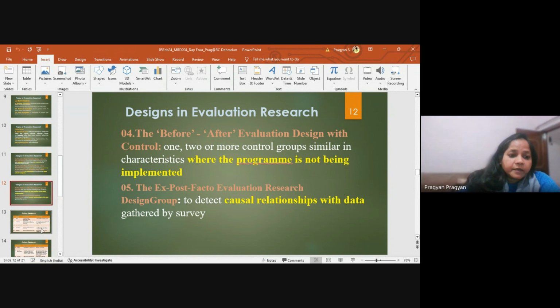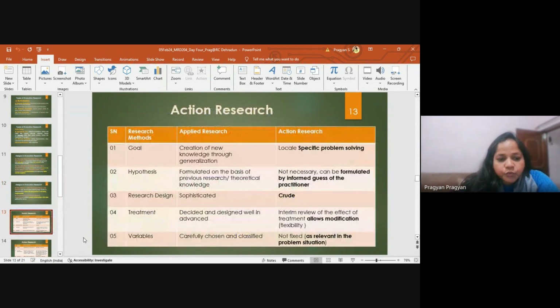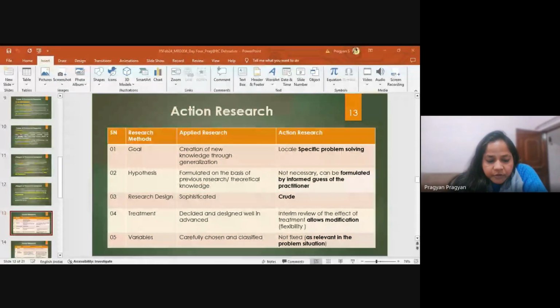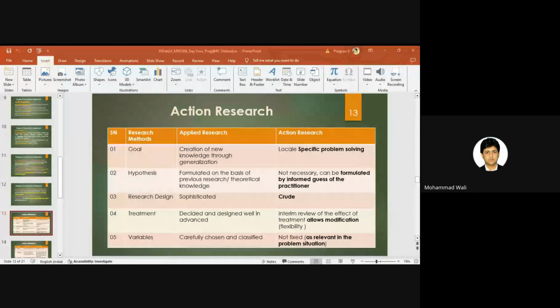Now let's move to another most important study method, that is action research. Ma'am, sorry for interrupting. I have a question. Yes, please. Ma'am, I was wondering if you could tell me the difference between the third kind of evaluation research, the pre and post evaluation, and the true experimental design that we have studied before.